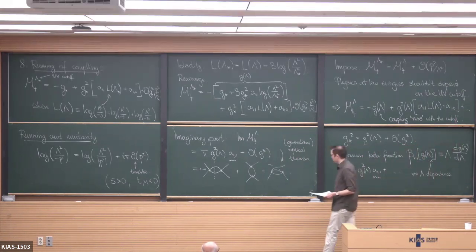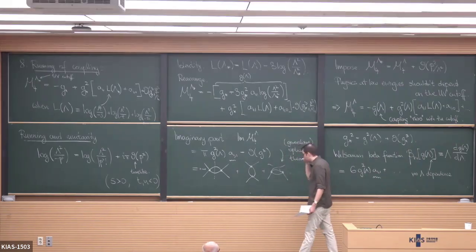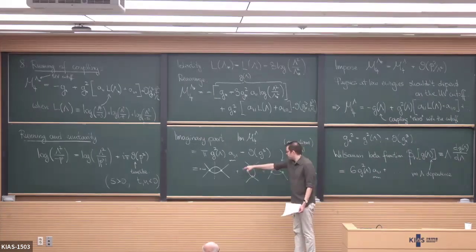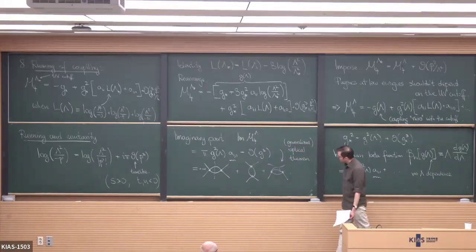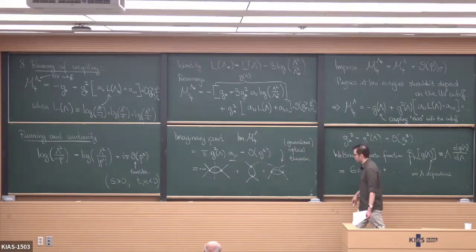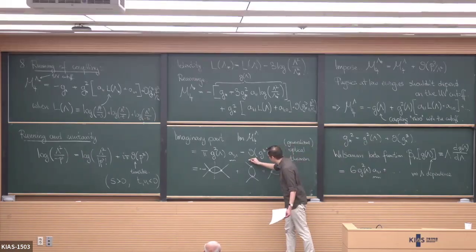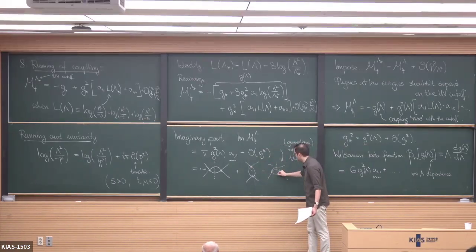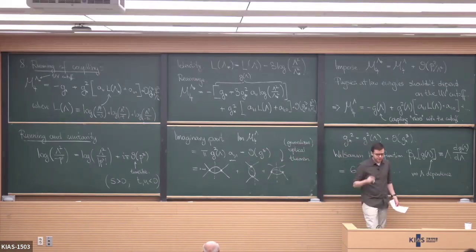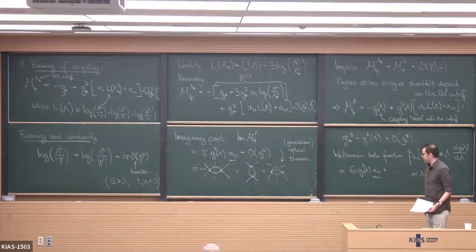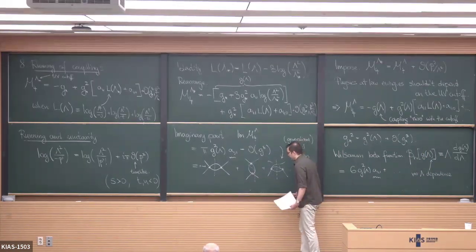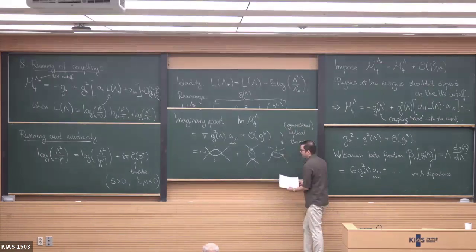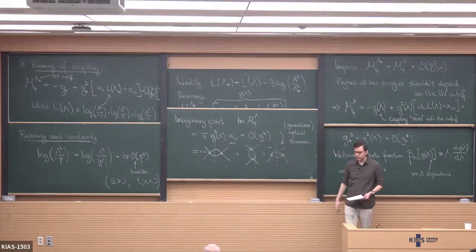Okay, so we're back to our cutting. We've cut the S channel diagram. Now we have to cut the T channel diagram. There's actually one way that I can try to do it, which is this cut. Likewise for the U channel diagram, I can try to cut it in this way. But this is actually not allowed, or technically speaking, it's allowed, but the cut turns out to be 0.